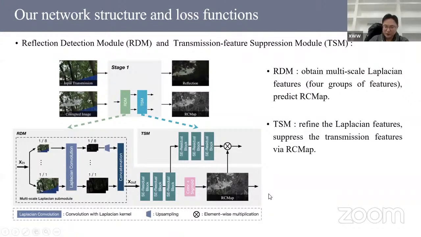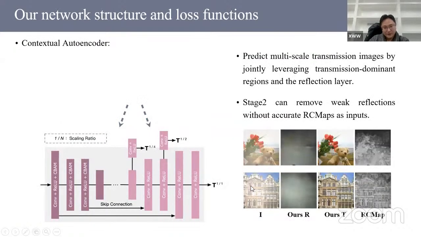The RC map is trained in an unsupervised way, so it can be clarified in our learning loss after introducing the loss. This is the autoencoder to recover the transmission layer. We use convolution plus ReLU plus a lightweight attention-based module called CBAM to reconstruct the transmission.